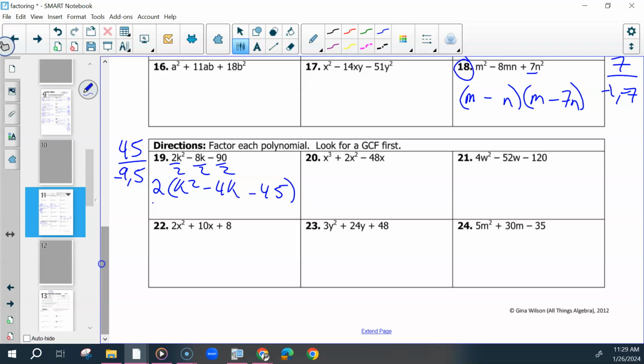So then from here, keep bringing down your GCF, because if you lose that, you've lost part of the problem. And then you have k minus 9 and k plus 5. Questions so far? Any others from 20 through 24 we want to see you go over any questions about?